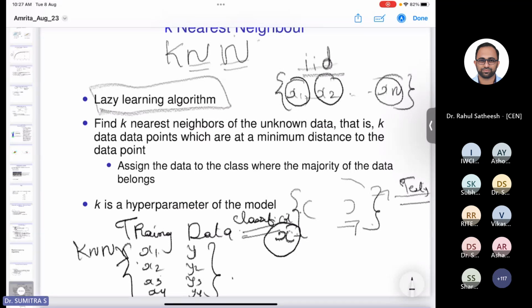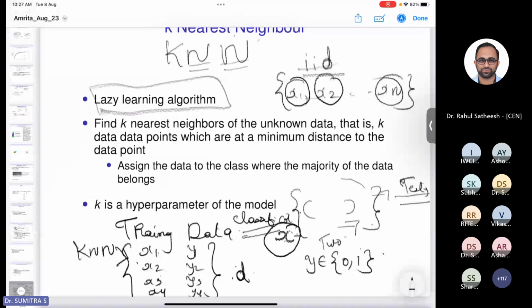Let it be a two-class classification problem. Two-class means y takes two different values. Let y take either 1 or 0. And how KNN works is, when a new data point comes, it will find the distance to each of the training data points, that is, the Euclidean distance.